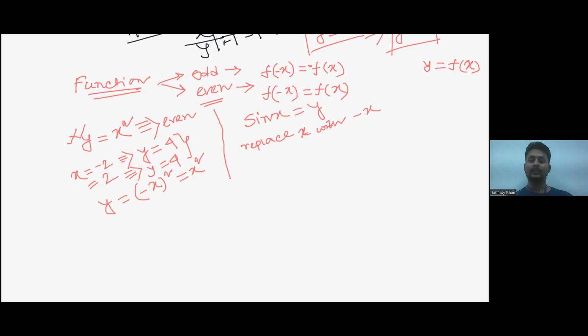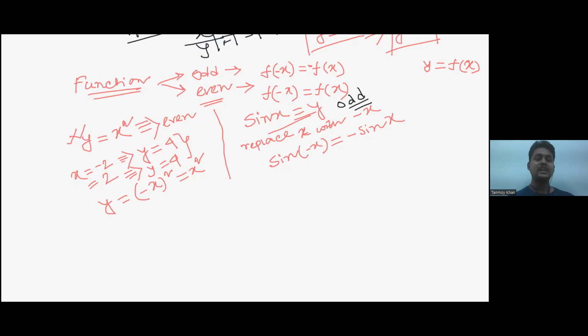That is the process to check whether the function is odd or even, right? So just replace it: sin minus x. You know sin minus x is always minus sin x. So this function is nothing but an odd function, right?